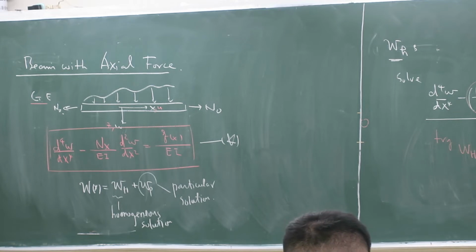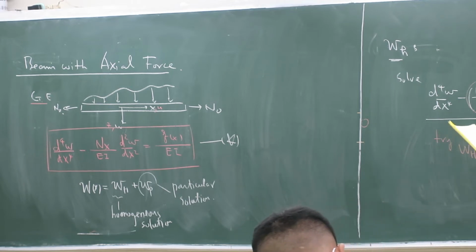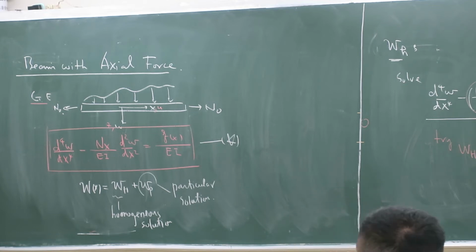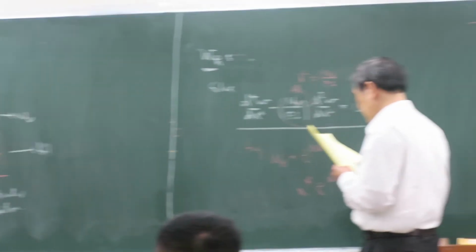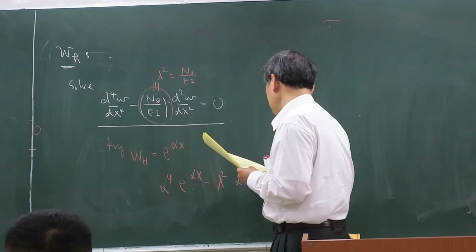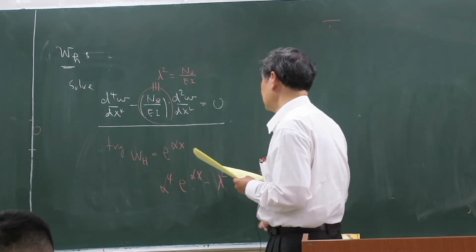So we have alpha fourth exponential alpha x minus lambda square alpha square exponential alpha x equal to 0.